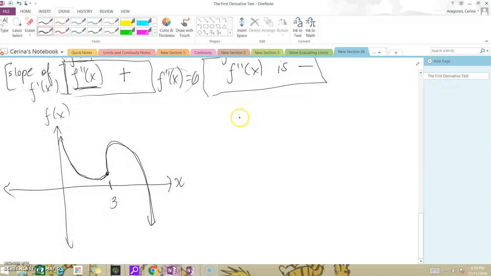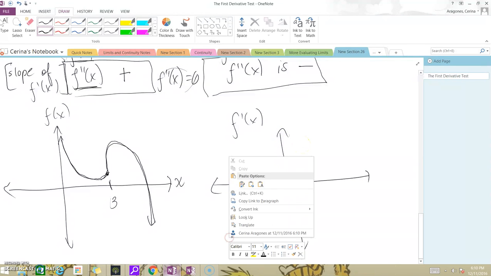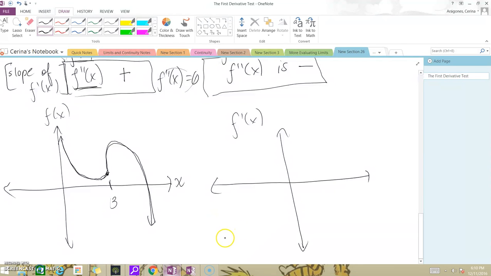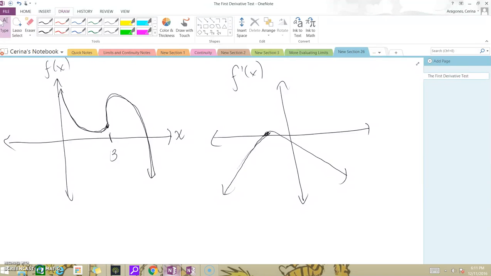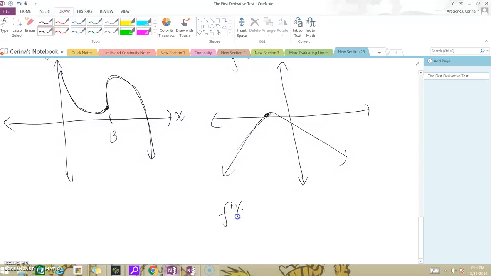What happens with your f prime of x is first you're speeding up. So your speeds are getting bigger. Okay, so your speeds are negative but getting bigger. And then at some point, they start getting smaller again. So then what happens to your f double prime?